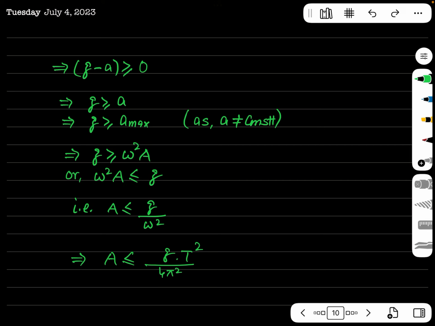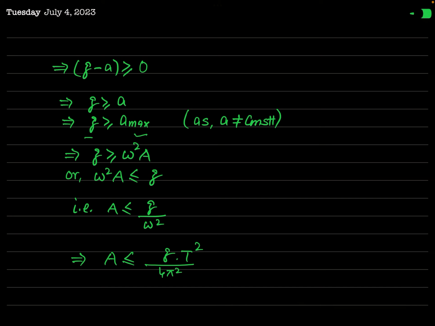So you can say that since a is not constant, we can take the maximum value of a, and so for no separation of the block from the piston, the condition is what? This is g must be greater or equal to a. But you have just learnt that the magnitude of the maximum acceleration of a body or a particle during simple harmonic motion is equal to omega square times A. So the condition will be g must be greater or equal to omega square A.